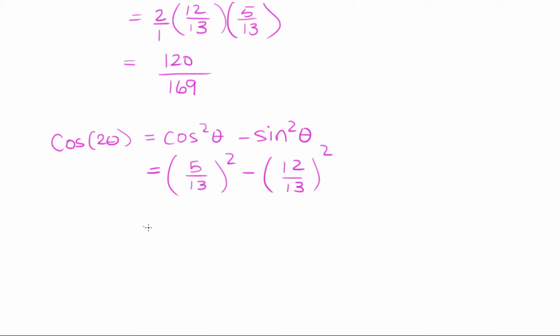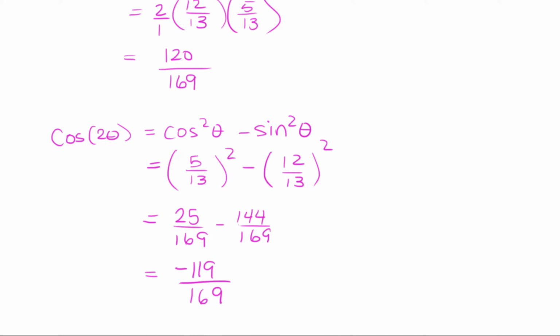What is that equal to? Well, 5 over 13 squared is 25 over 169 minus 144 over 169, which gives us 25 minus 144 is negative 119 over 169. And that will be cosine of 2 theta.